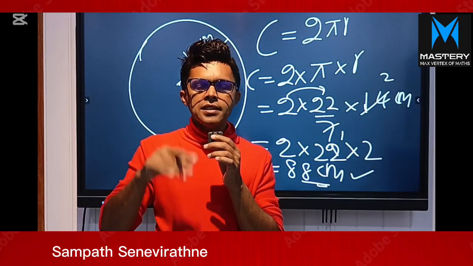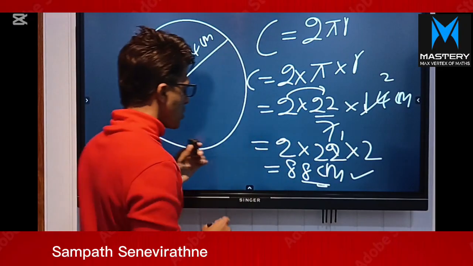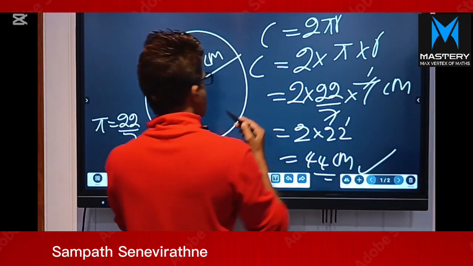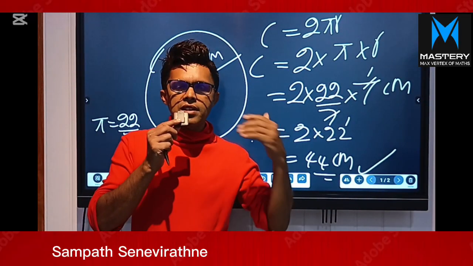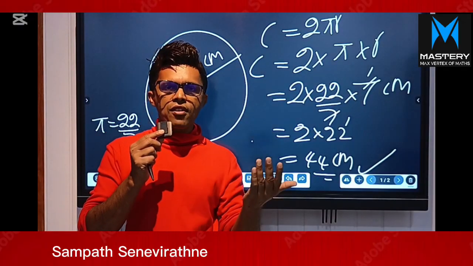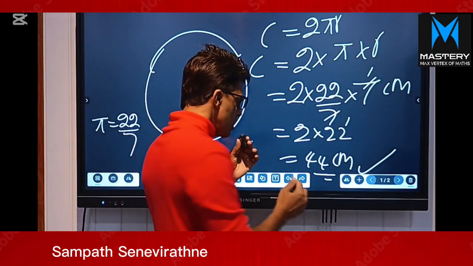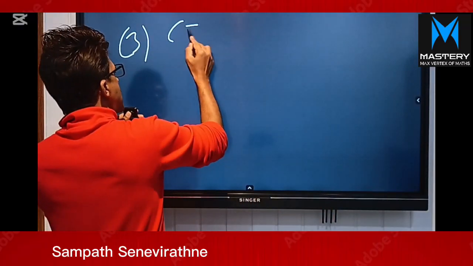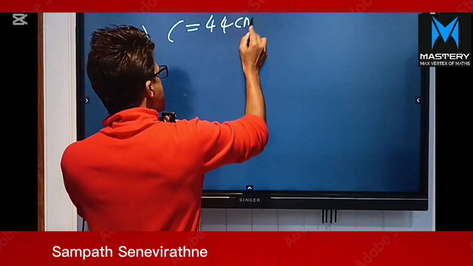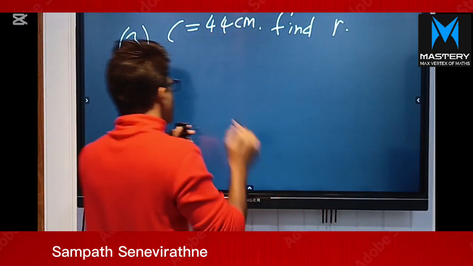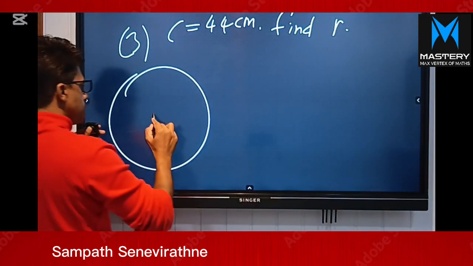On the first question that I explained, when the value of r is 7, we get a circumference of 44. Now assume this is the third question: C equals 44, find the value of r.